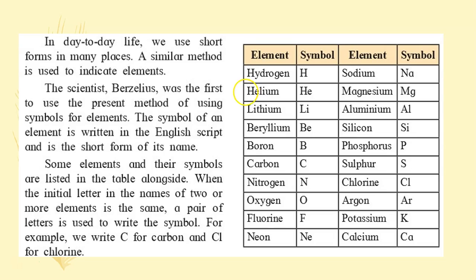In the case of helium, he picked up e, so the symbol is He. We have lithium, beryllium, boron, carbon, nitrogen, oxygen, fluorine, neon, sodium, magnesium, aluminium, silicon, phosphorus, sulfur, chlorine, argon, potassium, calcium. These are a few. There are more than 100.